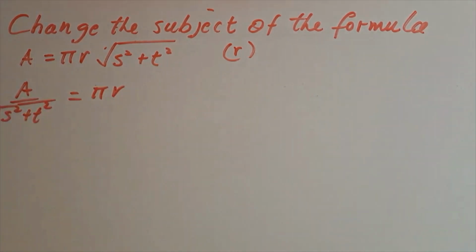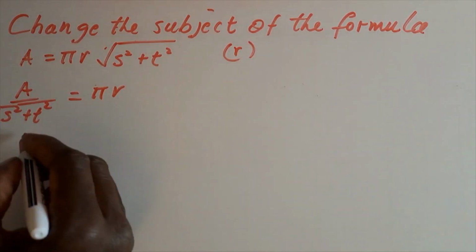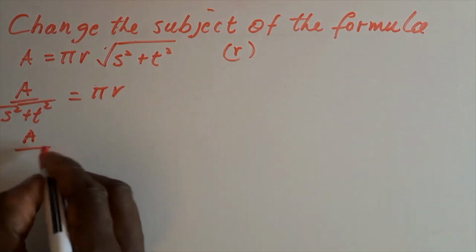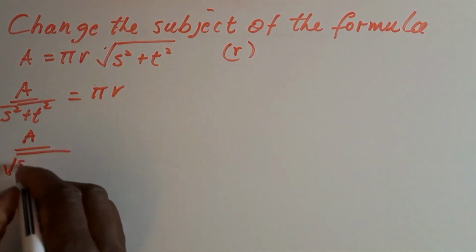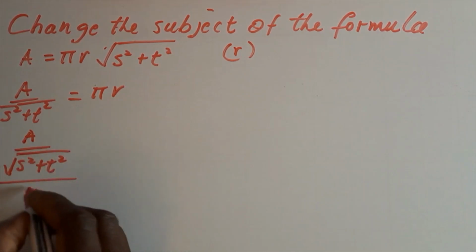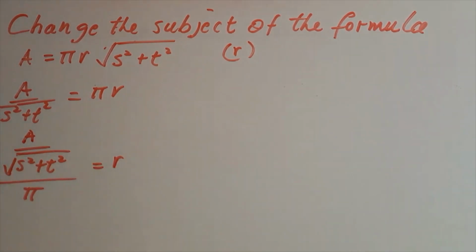Try to keep r on its own. Now if we divide both sides by pi here, we'll have that this is A over the square root of s squared add t squared, all of this divided by pi, and it's equal to r.